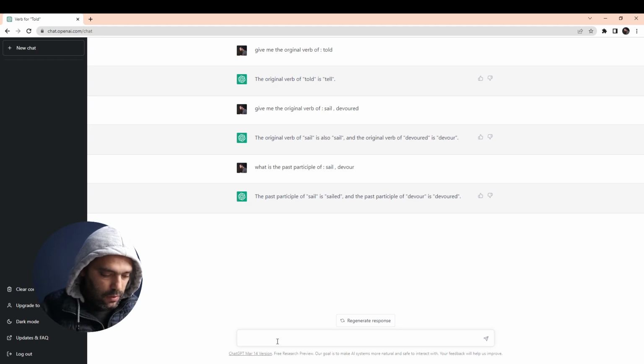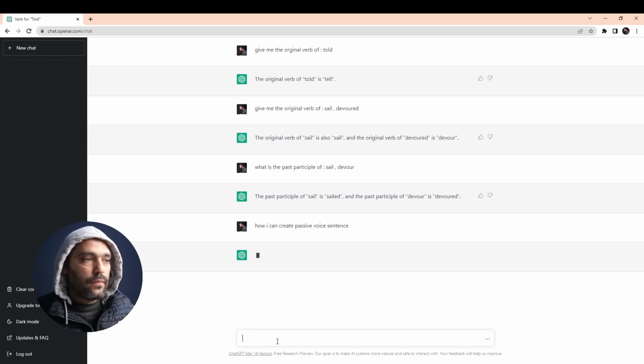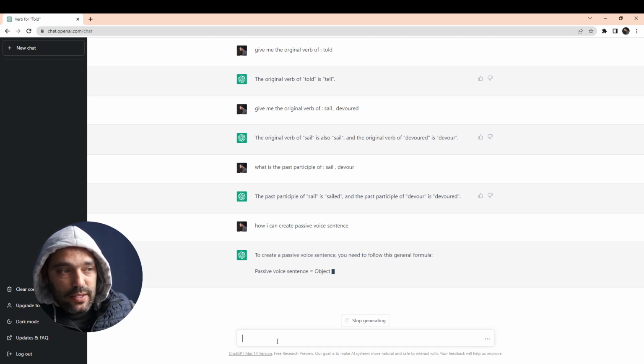Okay. Now how can I create a passive voice sentence? To create a passive voice sentence, you need to follow this general formula.